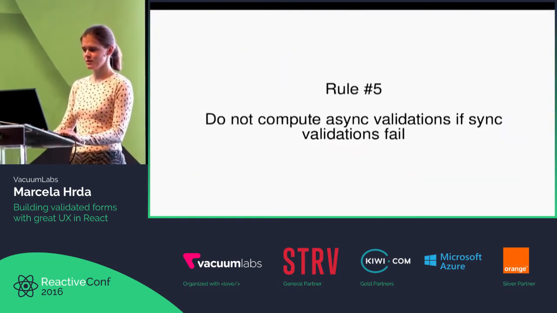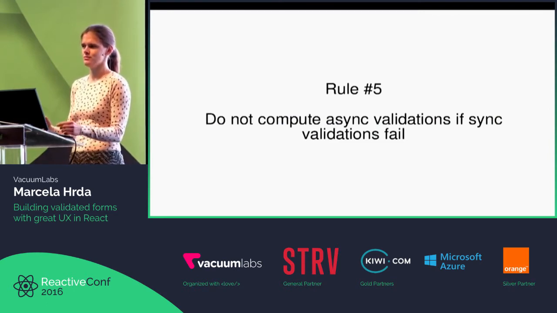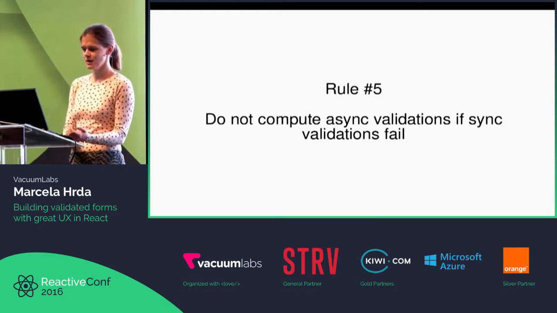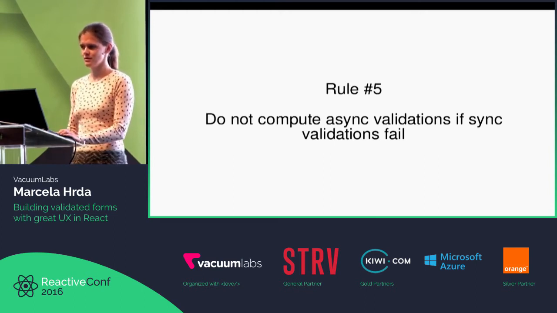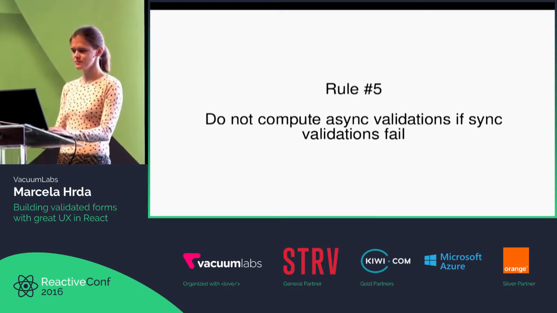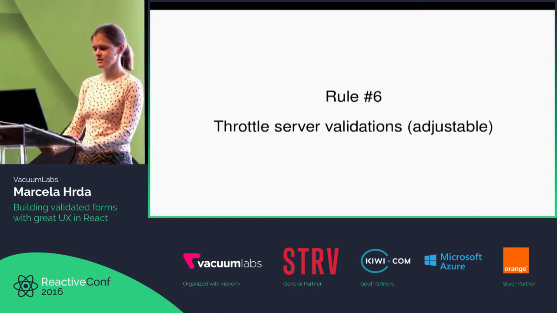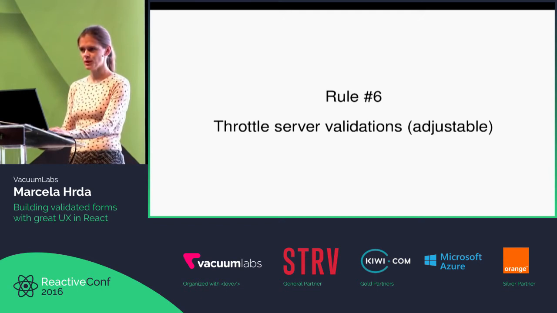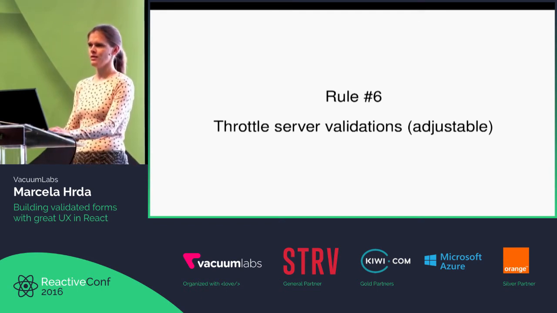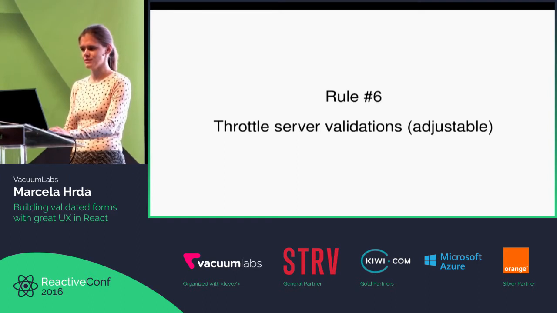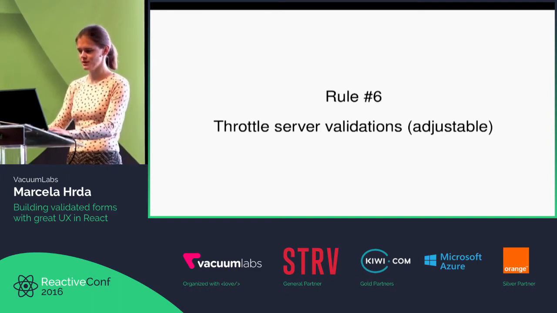And that means first compute the synchronous validations, those that you can on client, and only then send some requests to the server. And also, you can throttle server validations, and it is even better if this amount of throttling is adjustable, and then you can adjust it according to how precious your resources are.